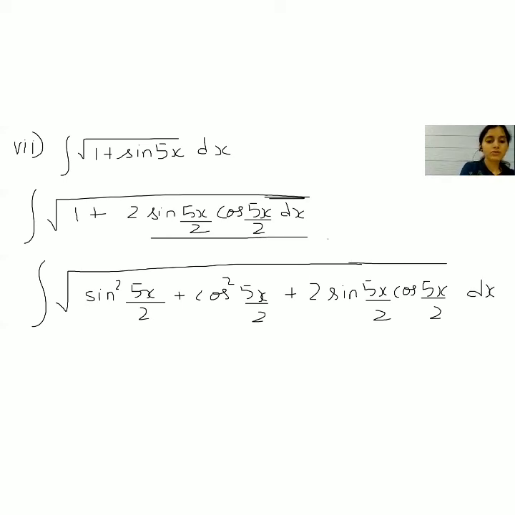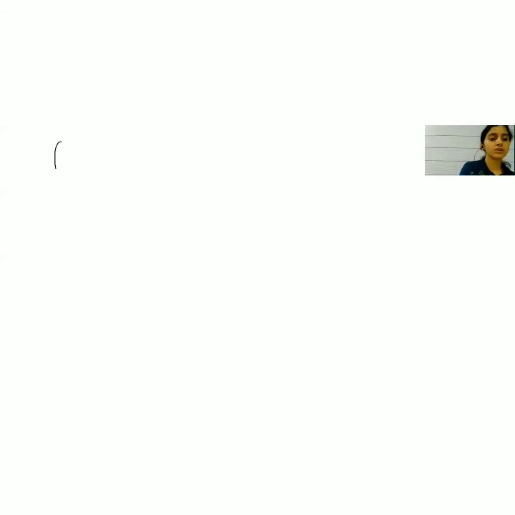Now what can you observe over here? This is a perfect square, and this is multiplication of the first two terms, right? 2 sine a cos a. Basically this is a square plus b square plus 2ab. So we are going to write this in terms of a square plus b square plus 2ab.